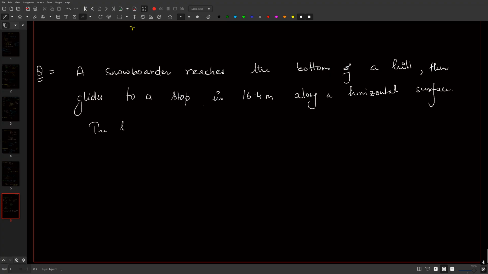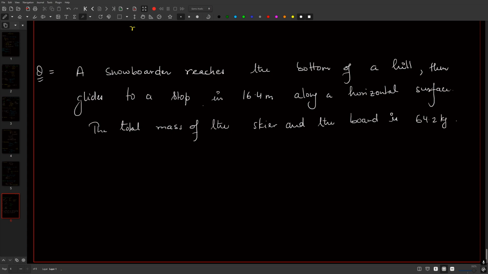The total mass is given to us. The total mass of the skier and the board is 64.2 kg, and the coefficient of kinetic friction is given.